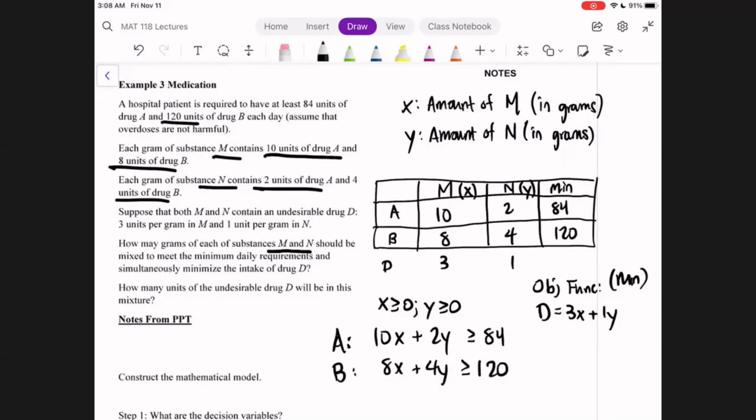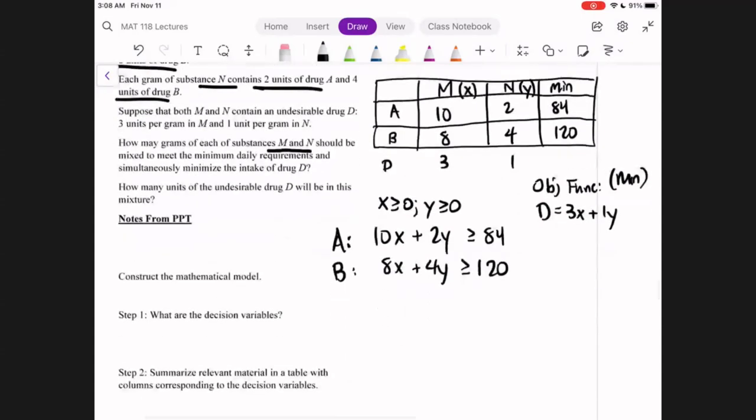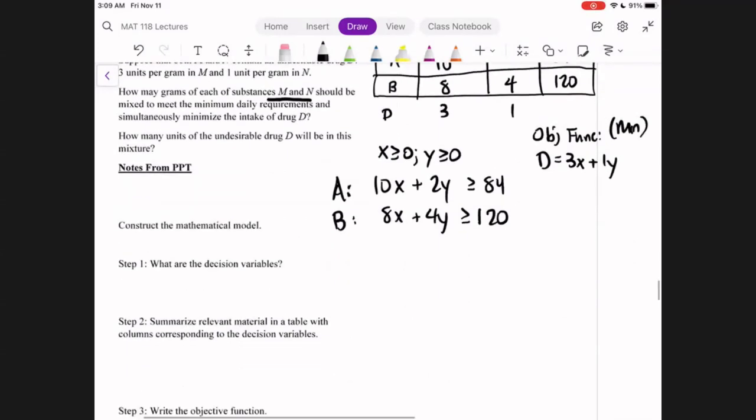So we have our constraints here. So what we would do is we look at Desmos, get our feasible region, get our corner points, and then see which ones it would be, okay? So let's graph in Desmos and get our corner points, okay?